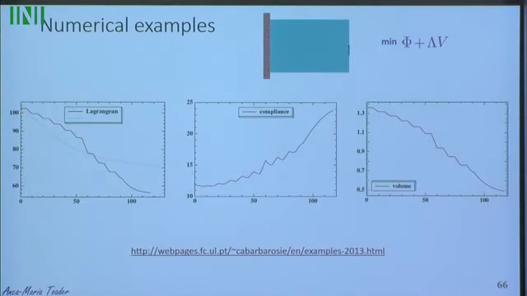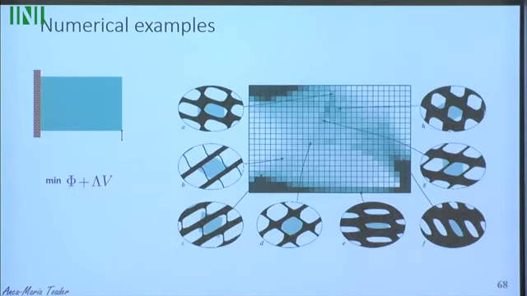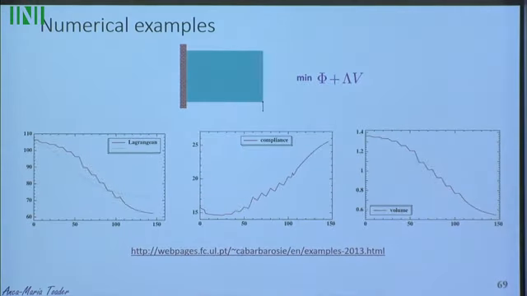So now the other example. The same cantilever, but here with the load on the lower corner, and the final design here. We can see here the history of convergence.